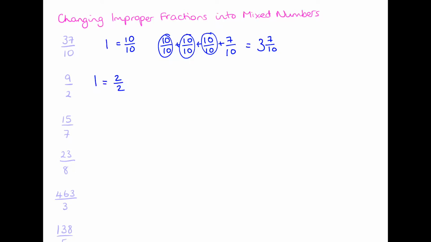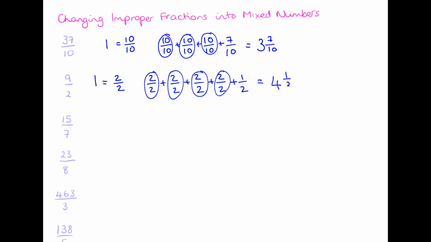So our 9 halves: 2 halves, 2 halves, now we've got 4 halves altogether. Then another 2 halves, that's 6 halves, then 8 halves altogether, and we've still got another 1 to make 9 halves. So that's a whole one, a whole one, a whole one, and a whole one. So we've got 4 whole ones and 1 half left over.